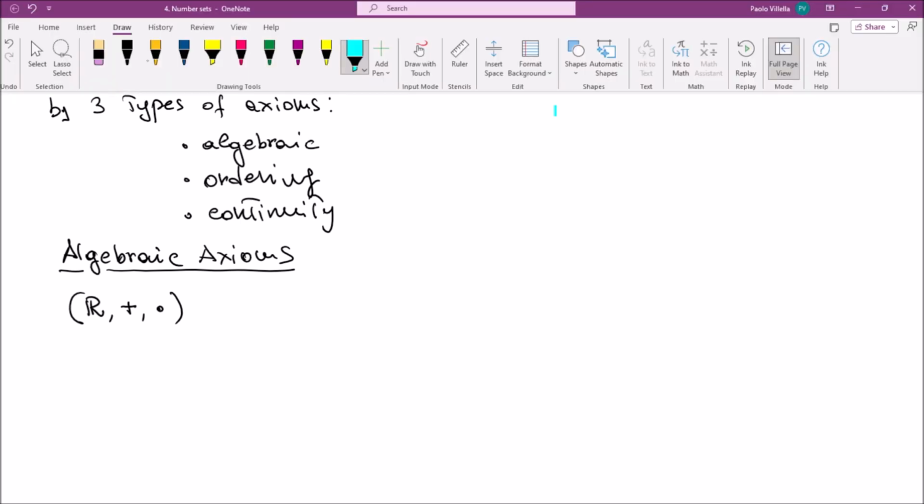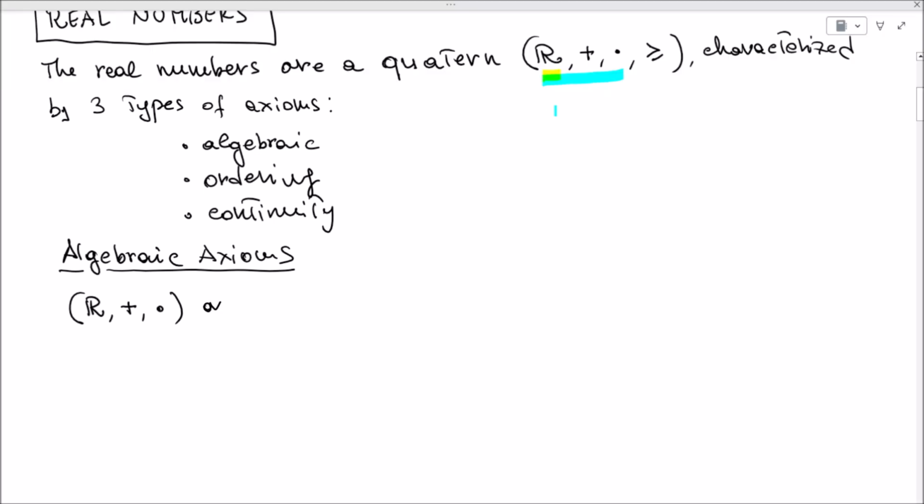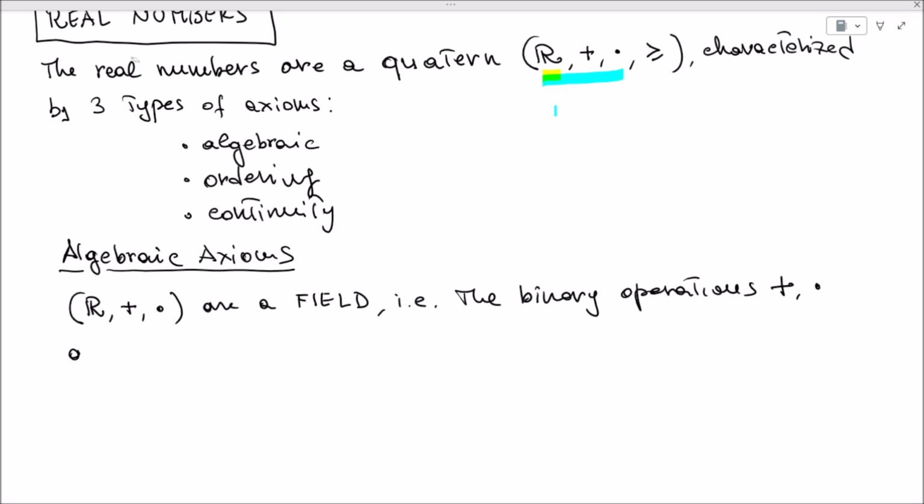And basically this triple R, plus and times, is a field, which is to say that the binary operations sum and product satisfy the following properties. Okay, so we have 9 properties now.